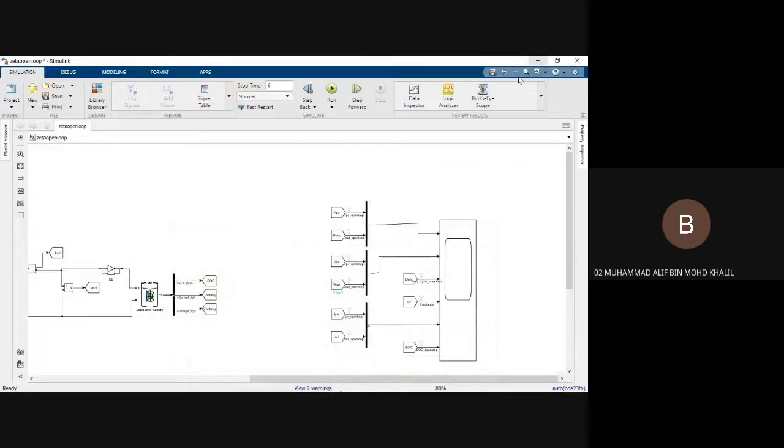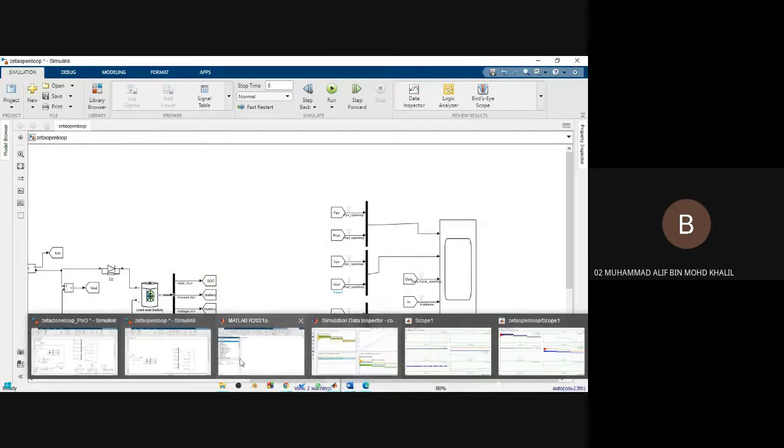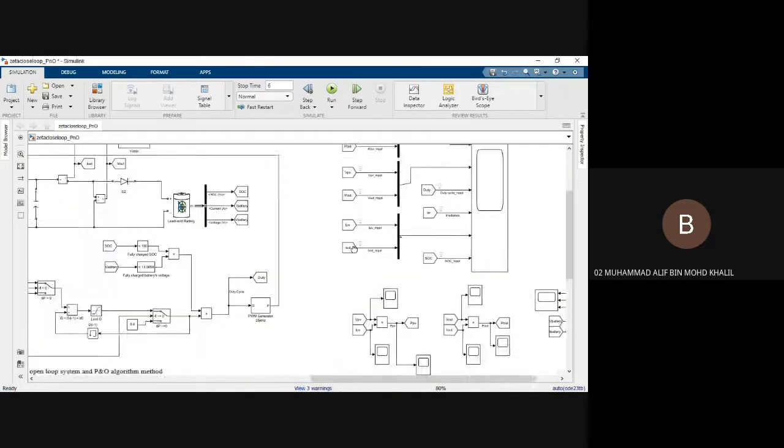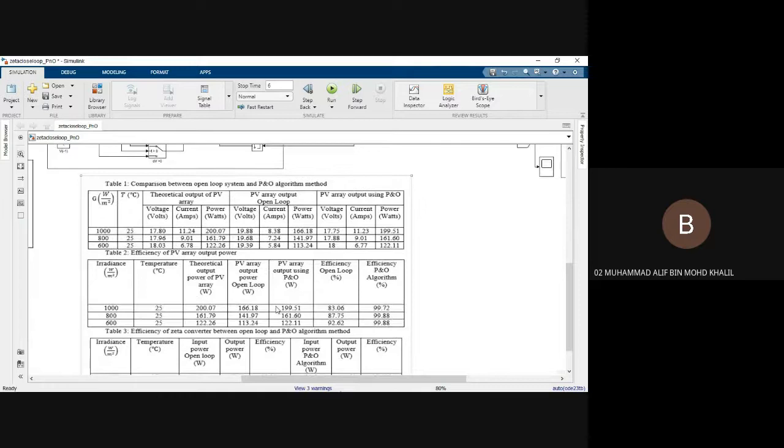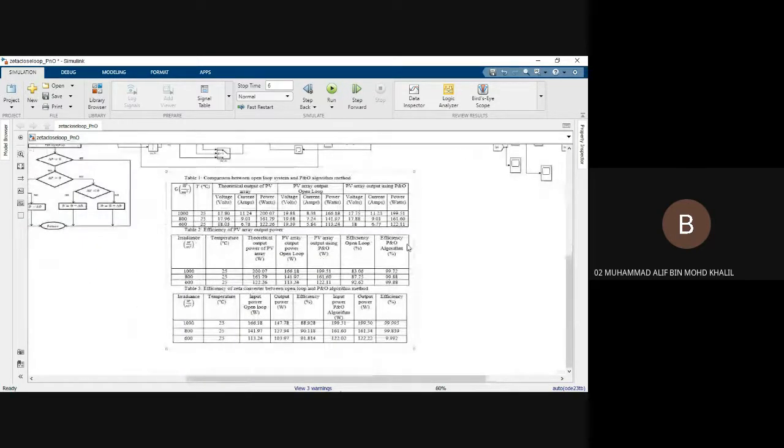So I put all the data inside a table to see the efficiency and the difference between the specification of the PV module and the output. This is the comparison between the open loop system and the PNO algorithm method.